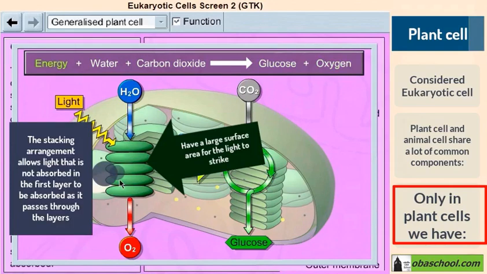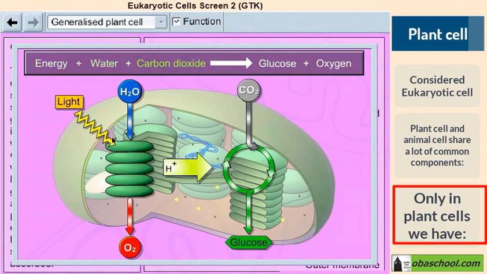The stacking arrangement allows light that is not absorbed in the first layer to be absorbed as it passes through the layers. So the light right here will give us glucose, or what is known as the cell's food, using ATP for energy and using carbon dioxide.